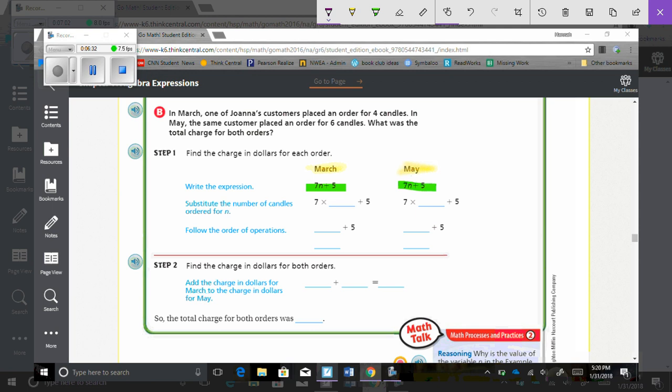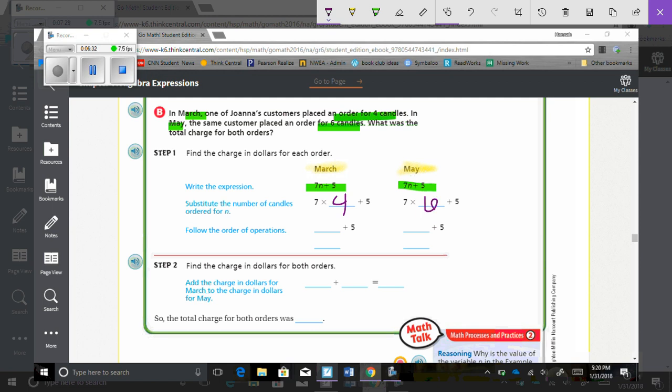Now we're going to substitute the number of candles ordered for N. If we look up here, in March, she placed an order for 4 candles, and in May, she placed an order for 6. So we're going to substitute the number of candles for N, so we're going to say 7 times 4 in March plus 5. And in May, we're going to do 7 times 6 plus 5.